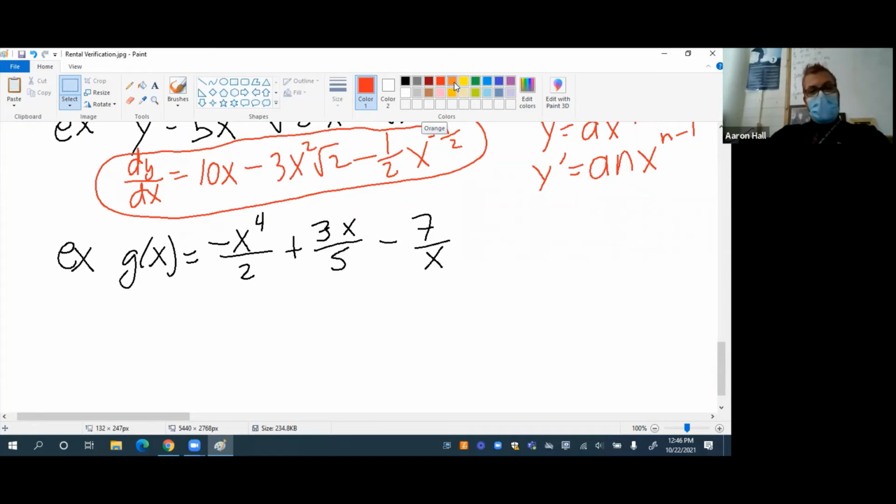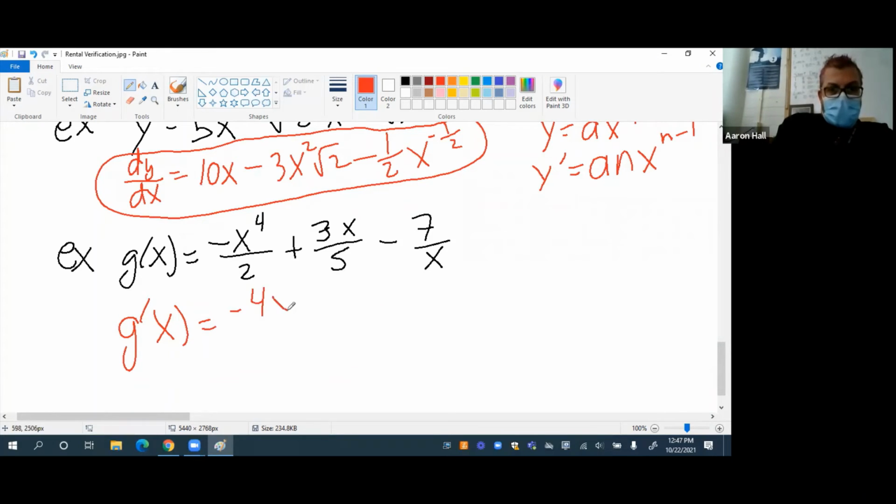Mr. Morgan, do you have the first term? Negative 4x cubed divided by 2, yeah. Your 1/2 is just a constant.